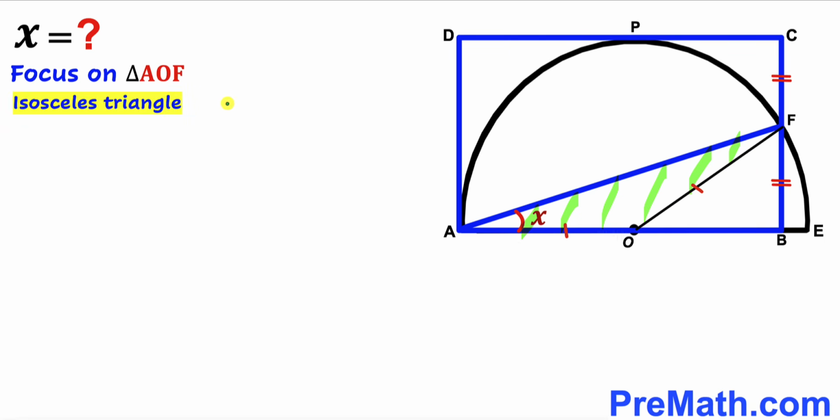Therefore triangle AOF is an isosceles triangle, since these side lengths are equal. And since we are dealing with this isosceles triangle AOF, this angle has to be congruent to this angle. If this angle is X, then this angle has to be X as well.